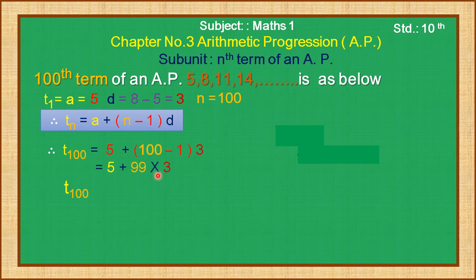In the next step, T100 equals 5 plus the multiplication of 99 into 3, which is 297. So 297 added to 5 gives 302. So the 100th term of the AP 5, 8, 11, 14 is 302. It is an easy method to find any term of a given AP, without a time consuming process.